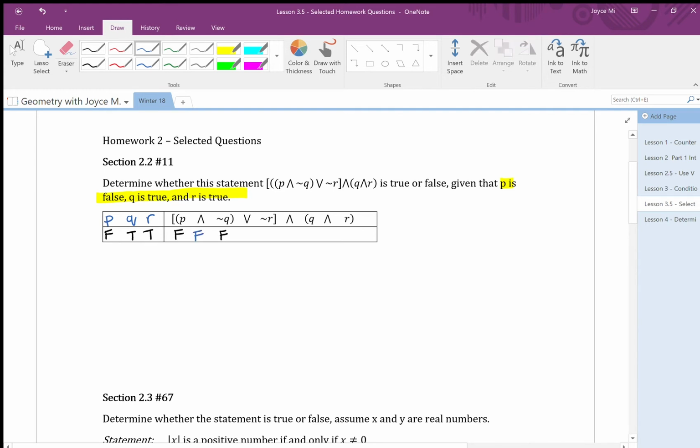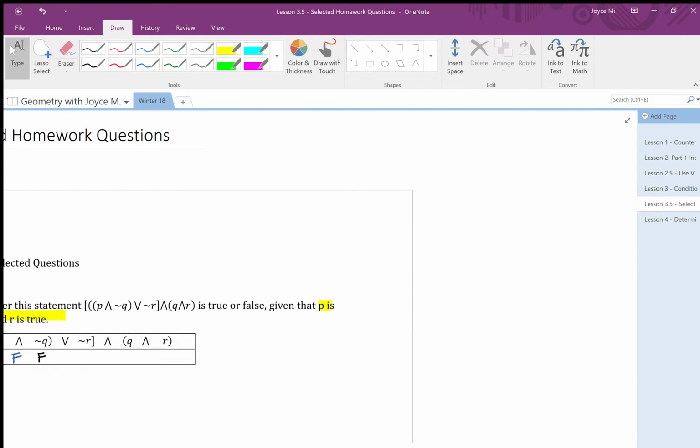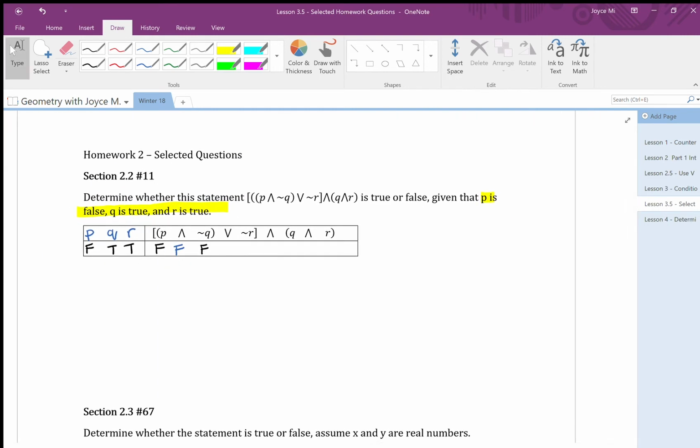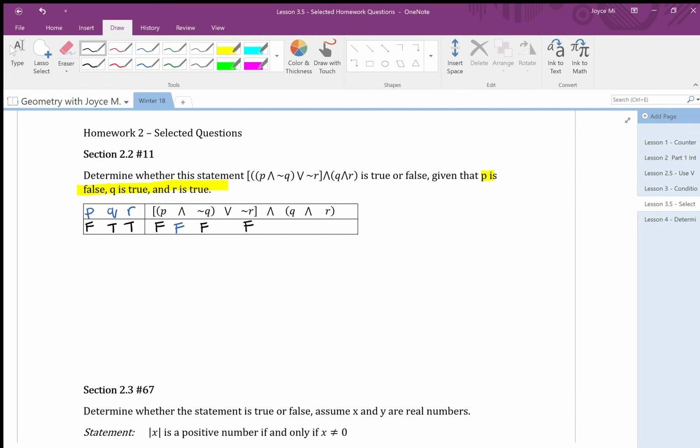Okay. Now I look outside the parenthesis, which is the bracket. Inside the bracket, there's a simple component, which is the negation of R. Since R is true, the negation of R must be false. Next, let me put a label over here so you see my order. I'm labeling the connectors only in this case.